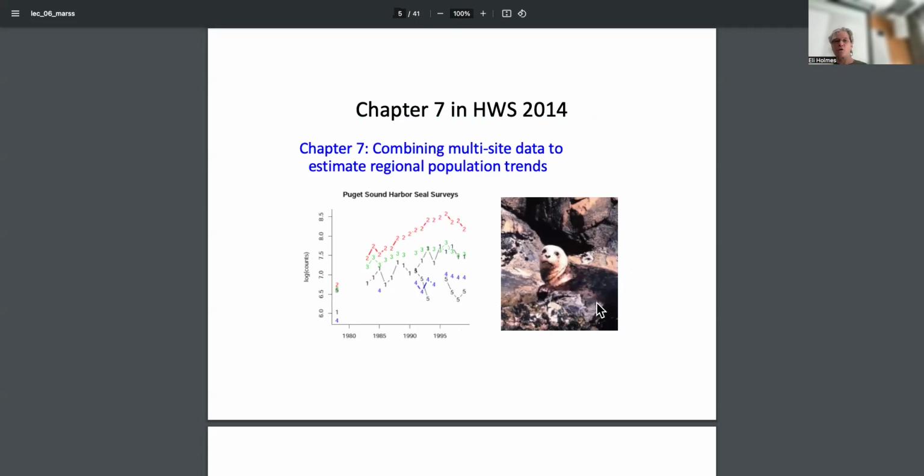So we're going to work through an example using a simplified version of chapter 7 in the MARSS user guide.